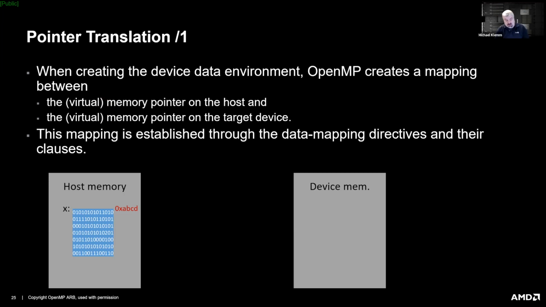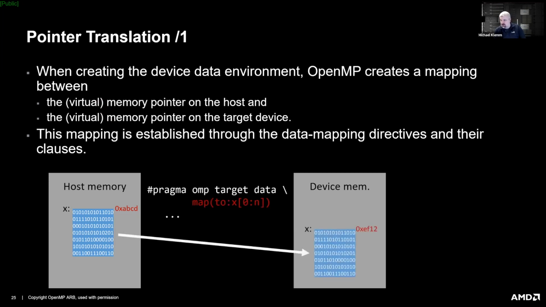So when you do the target map or target data map, then you will find an entry in this table. So when you write something like this, there's a device pointer that is being allocated with enough memory behind it. Again, let me call it EF12. The original host pointer is ABCD again.